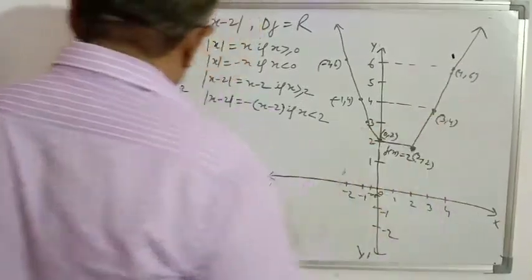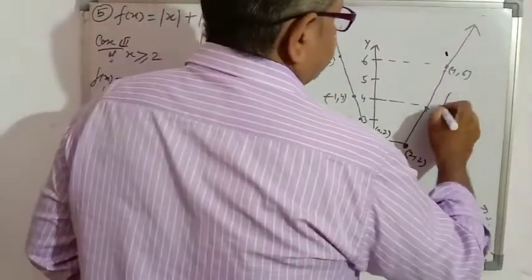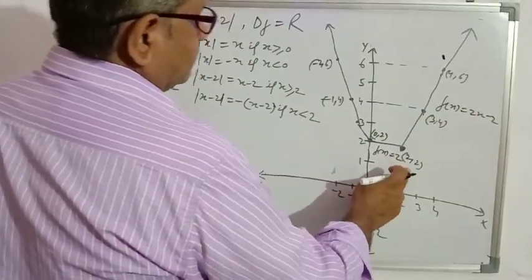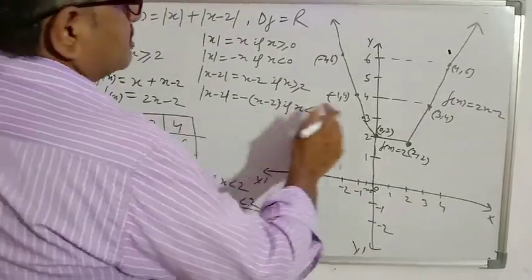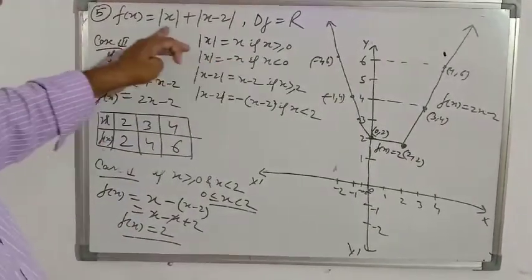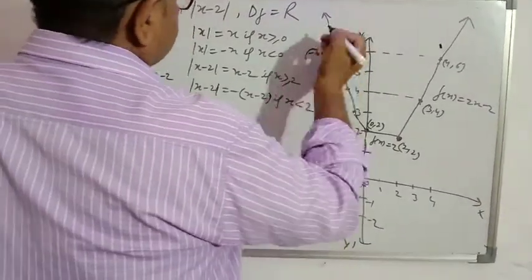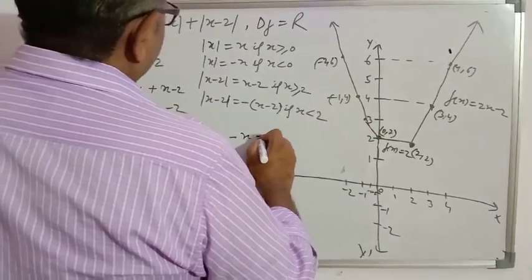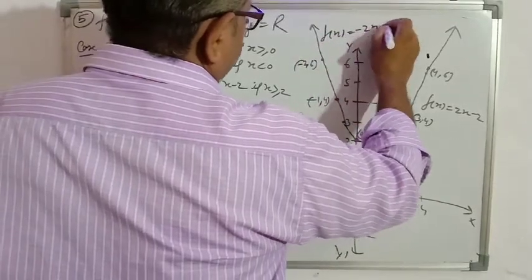So this part is the graph of the third case, f(x) equal to 2x minus 2. This is f(x) equal to 2, and the left part was the graph of the first case, in which I have taken x less than 0, that means minus 2x plus 2. This is the graph of minus 2x plus 2.